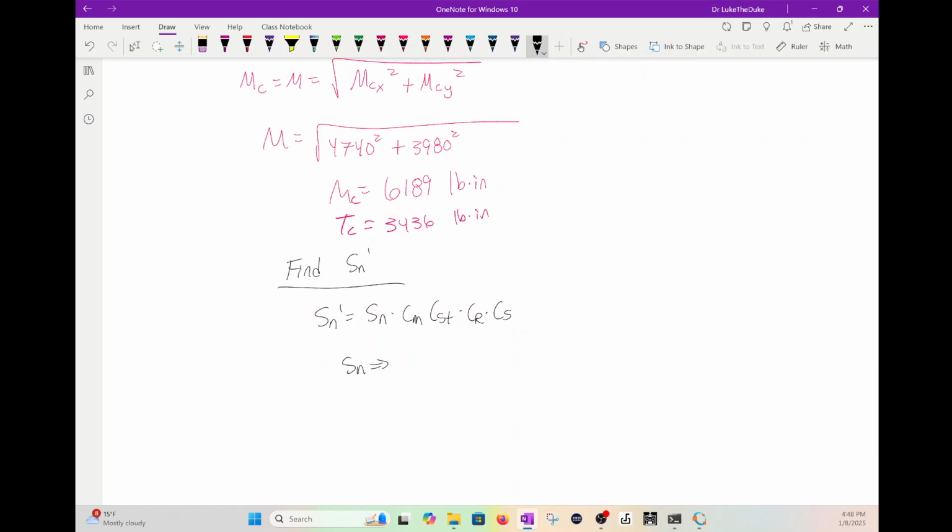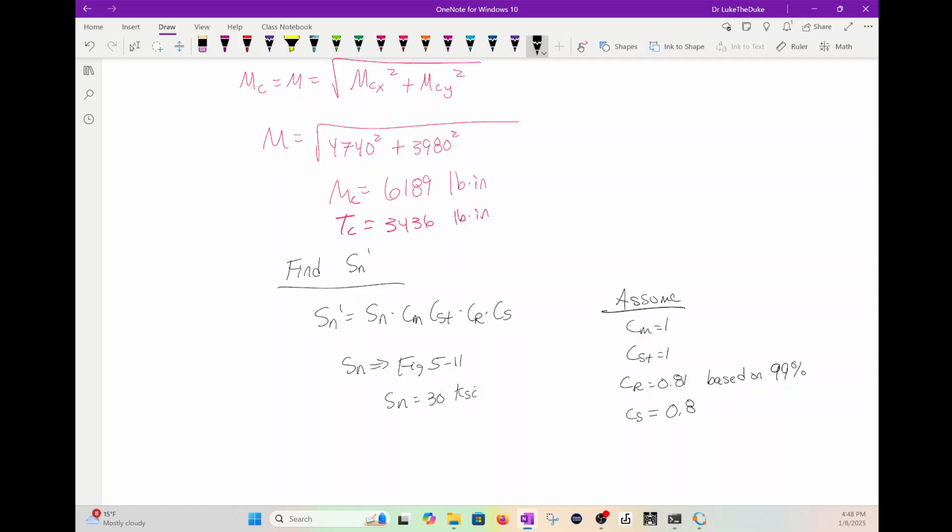Sn we find on figure 5-11, and we get Sn to be 30 ksi. Let's assume Cm is 1, CST is 1, CR is 0.81 based on 99% reliability. And we're going to guess a CS of 0.8, and if it's wrong, then we'll have to adjust.